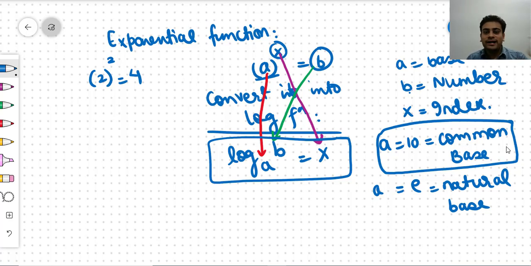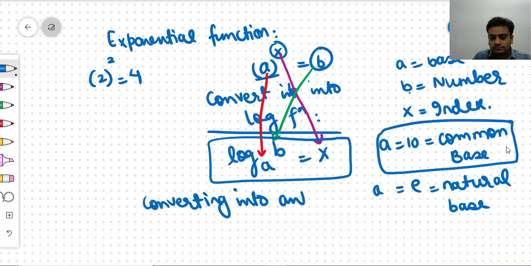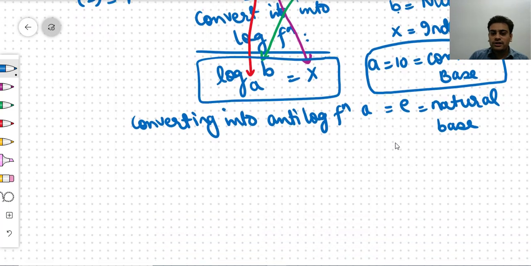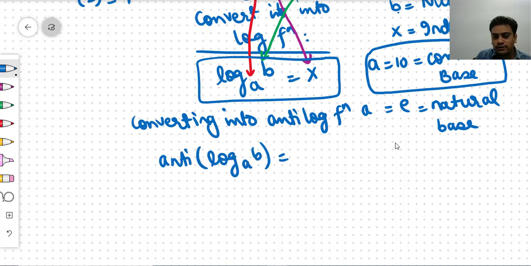Now let me convert it into the anti-logarithm function. You can just put anti-log on both sides. So anti-log of log b is equal to anti-log of x.